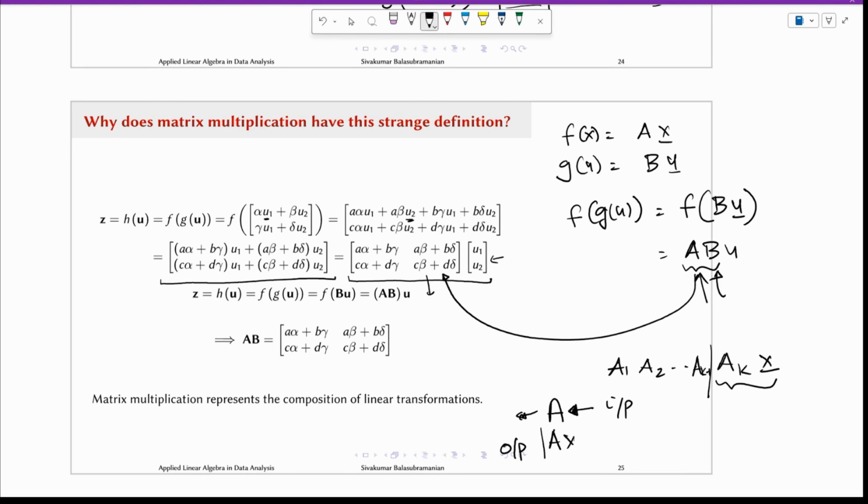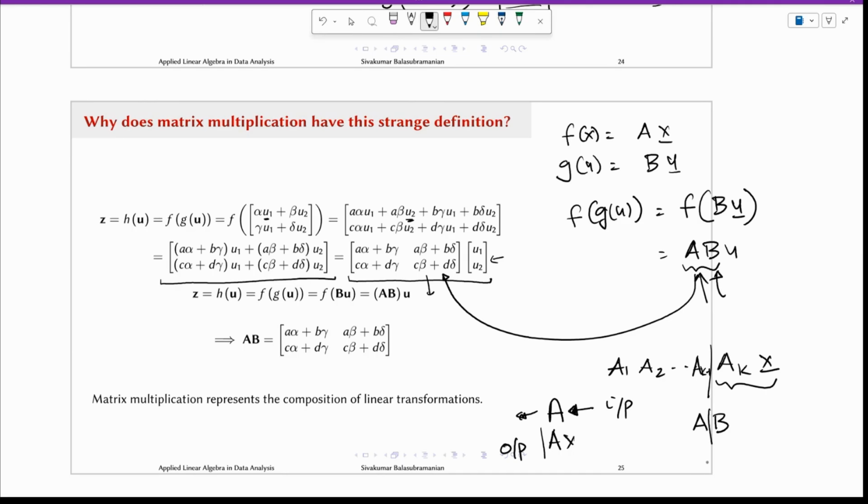And the reason the columns of A have to match the rows of B is that if AB represents a sequential operation, then the output of my previous operation has to be compatible with the input of the current operation. If the output from the previous operation is not compatible with the input of my current operation, I cannot operate on it.